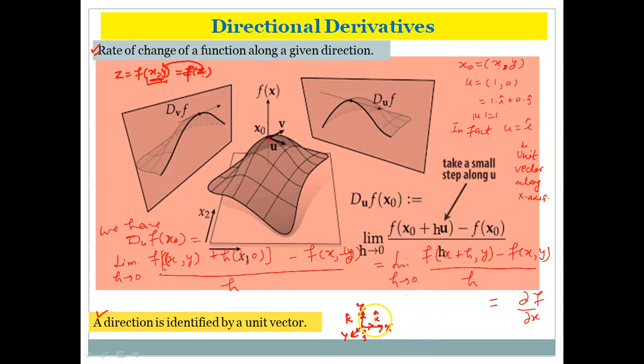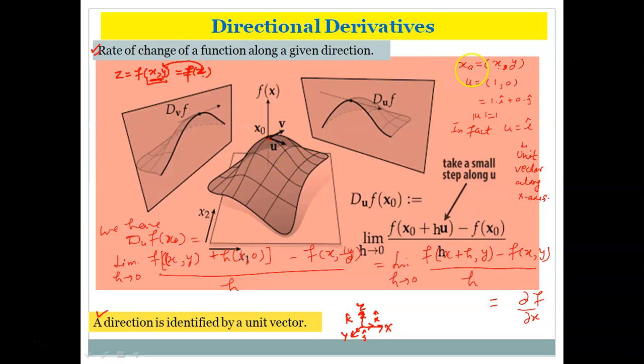So if we are saying that we want to find the directional derivative along x-axis, that means you are finding the directional derivative along the unit vector i cap. So let us interpret this situation in another way. You want to find the directional derivative at this point x naught as shown in the figure here.